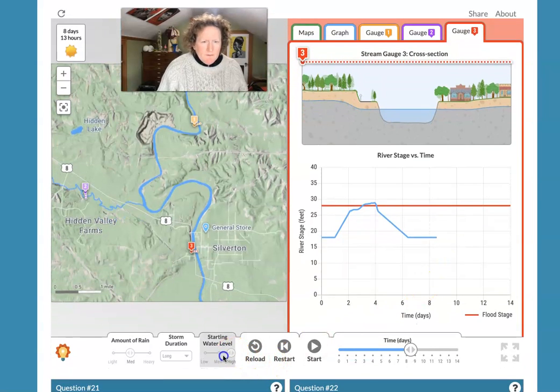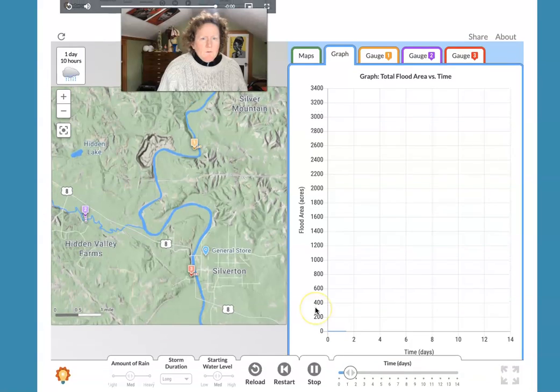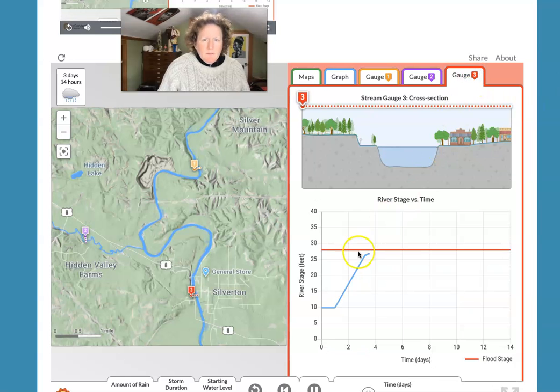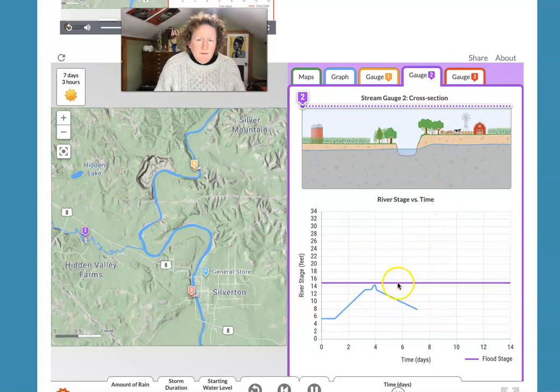Well, if the water level is medium here, we know that the town is probably not going to flood, because when we look at gauge 3, the water level needs to be at 28 feet to flood the town. They put the town on high ground for a reason, because it doesn't flood as often, as easily. Gauge 2 doesn't flood as much.